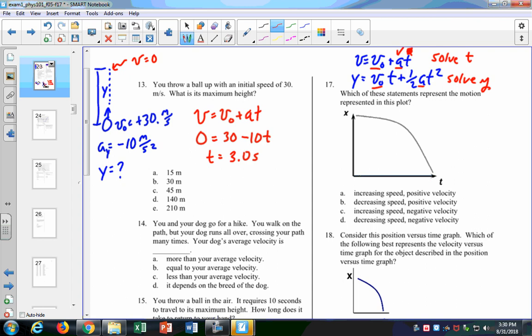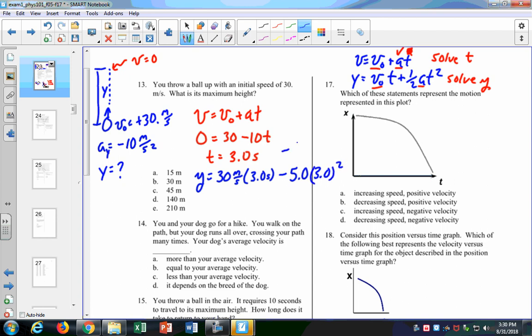Then I say, well, what is Y at that point? That's going to be 30 meters per second times 3 seconds minus 5. That's half of 10. Notice I gave a negative sign for my acceleration, times 3 squared. Let me write this out, actually.